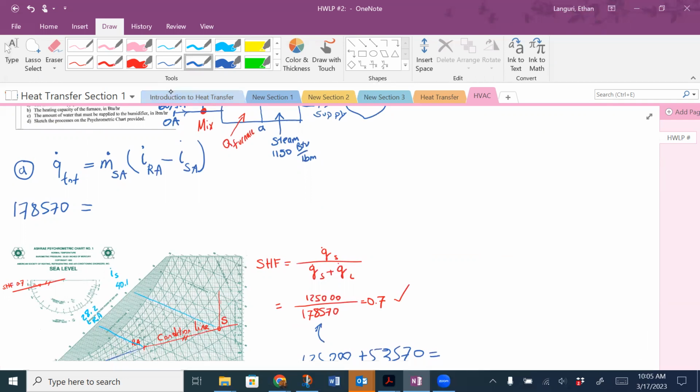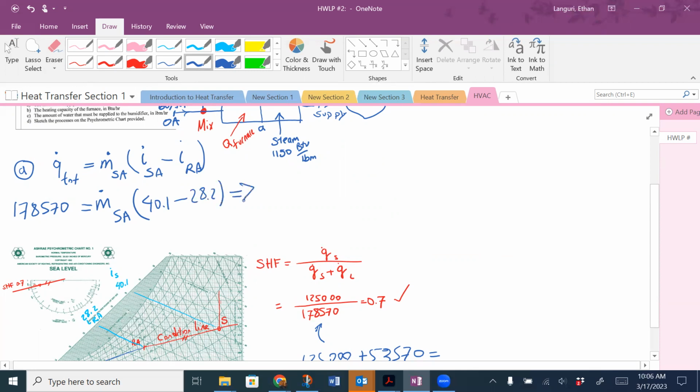So I'm looking for m dot supply here. Back to problem part A, my return air and my supply air. I start with my supply air here, so let's go with supply minus return. My supply air is 40.1, which I just showed on the side chart, minus my return air, 28.2.